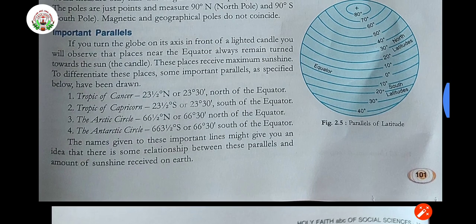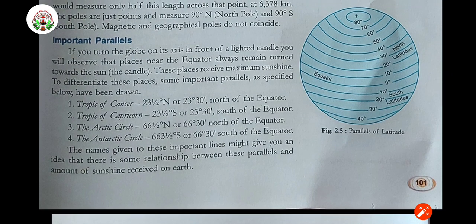So the equator is going to come in front of the sun, in the middle towards the candle. These places receive maximum sunshine, right? To differentiate these places, some important parallels as specified below have been drawn.